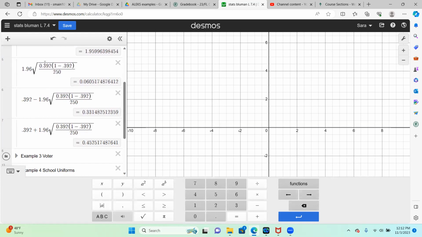I just subtracted the whole calculation because then I know it's more accurate. And then I took the 0.392 and I added that whole calculation. So our interval is 0.3315 rounded to 4 decimals up to 0.4525.